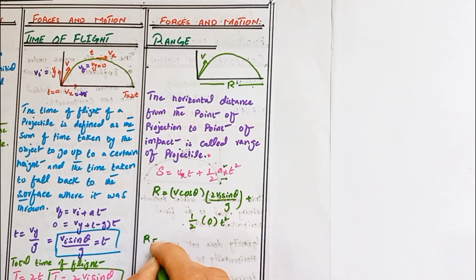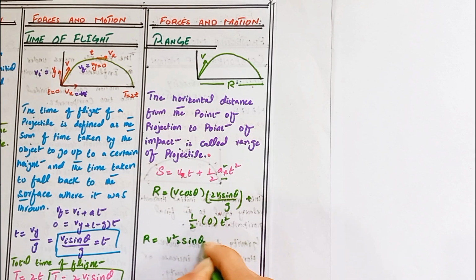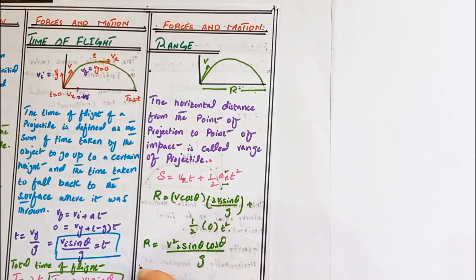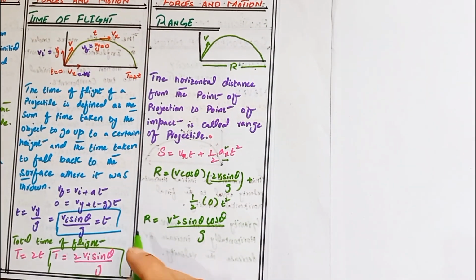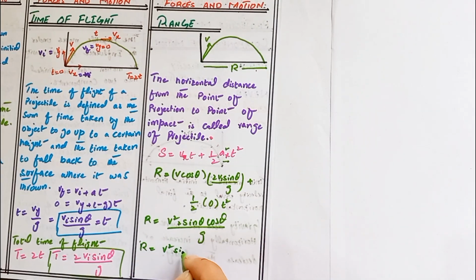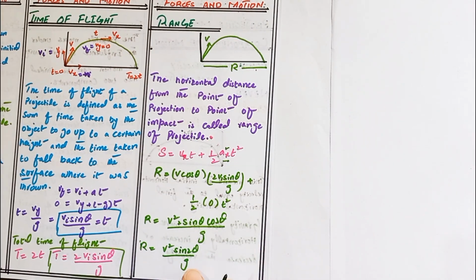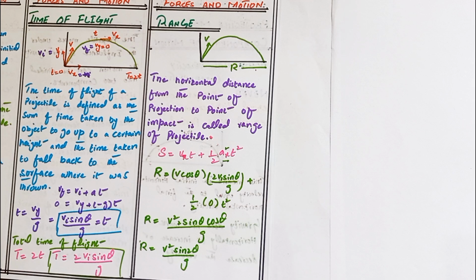So range is equal to V squared 2 sine theta cos theta over g, and R is equal to V squared sine 2 theta over g. That is the range of the projectile.